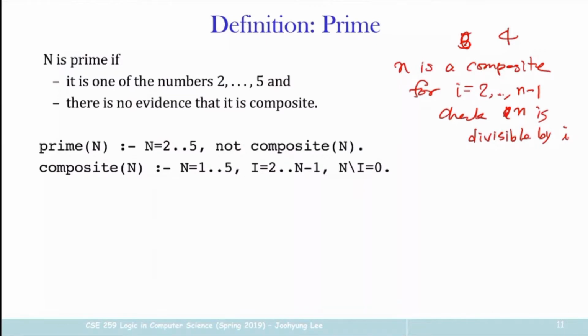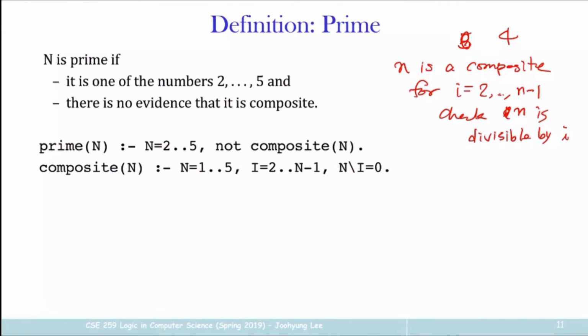But how do we write these for loops in Clingo? This is the rule. And as you see, there is no for loop. Just one line. How does it work? Well, I want to check whether n is a composite number. Okay? So n actually ranges over 1 through 5.